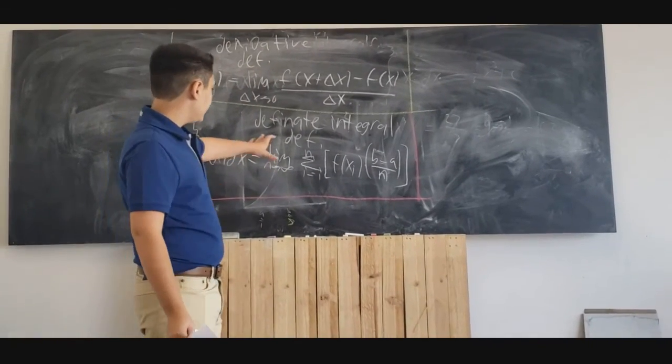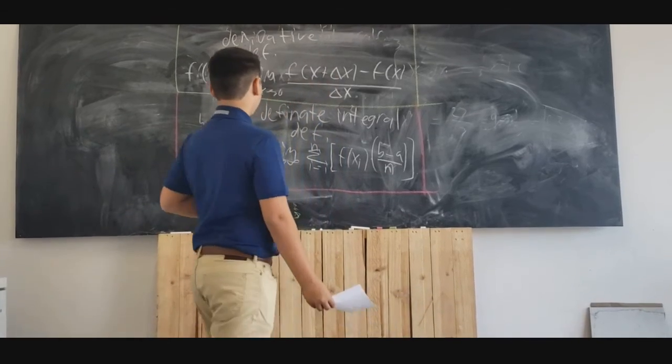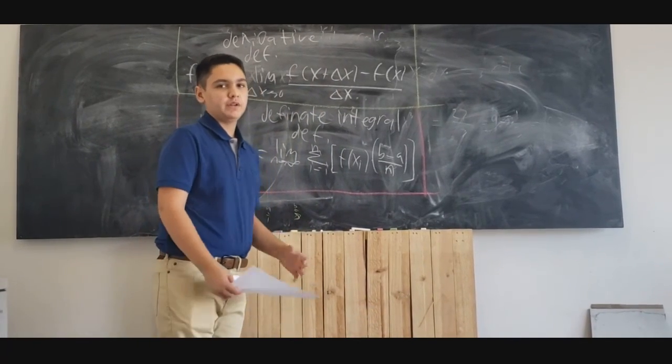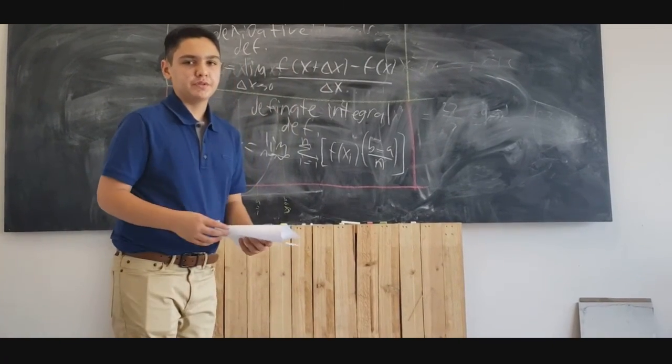Alright, so this would be the definite integral definition, but like the definition of a derivative, it's not the best way of finding a definite integral. It's just there to kind of prove it or define it.